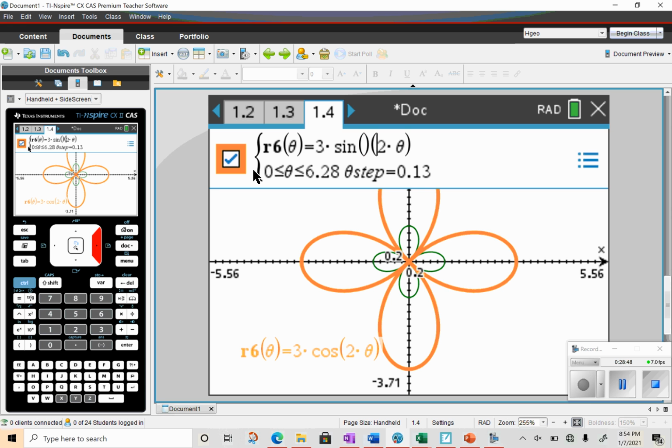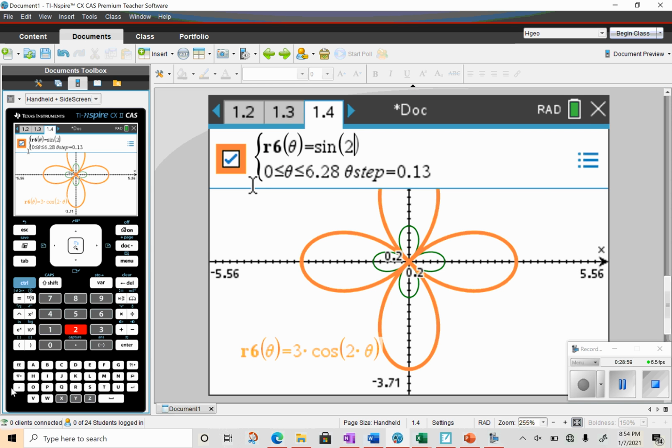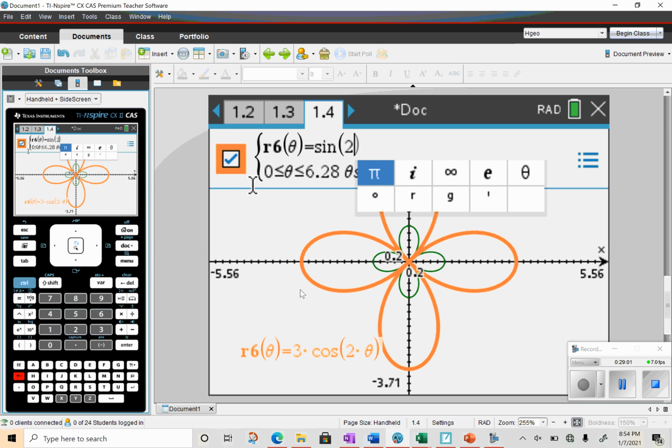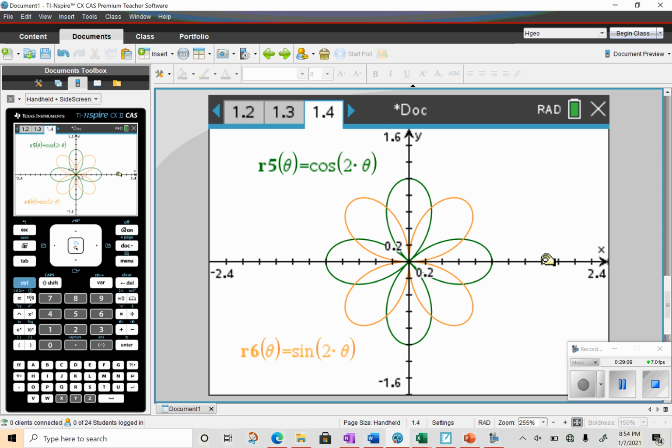Oh, yeah, it doesn't like it when I do that. Let's do sine 2 theta and compare that with the cosine of 2 theta. That's the green one.